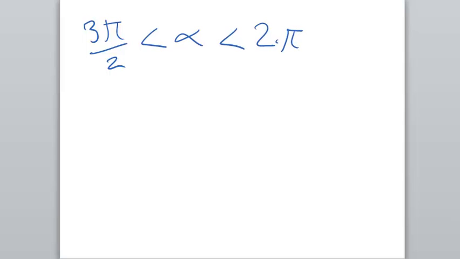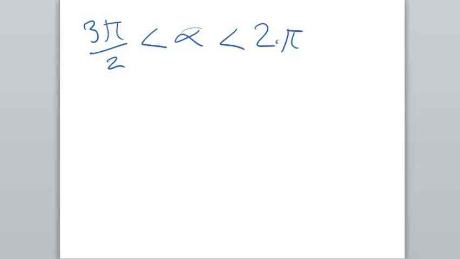So the question is: the angle beta is between 3 pi divided by 2 and 2 pi. What is 3 pi divided by 2?